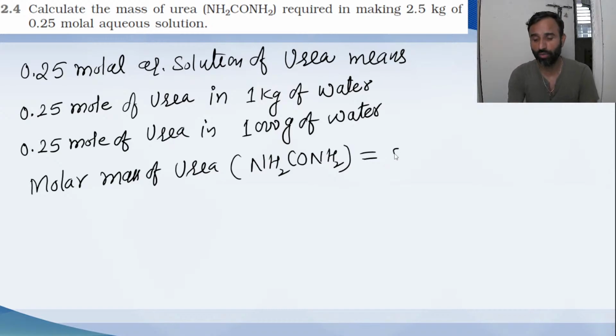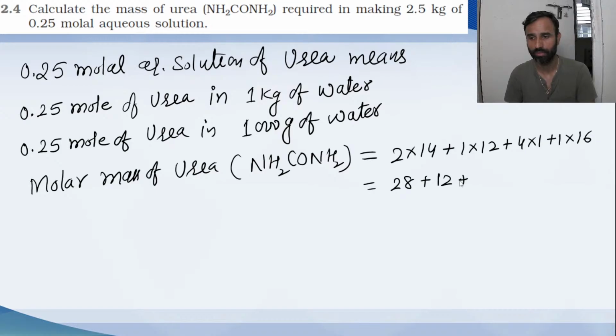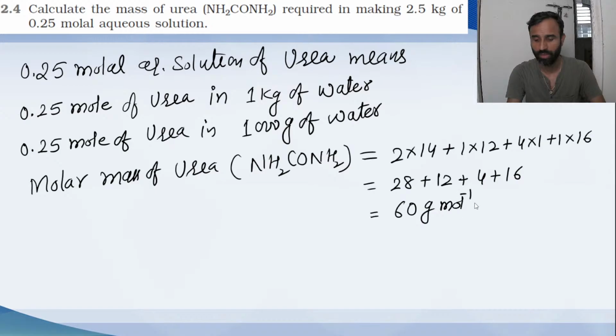So there are 2 nitrogen, 2 into 14, 1 carbon, 4 hydrogens and 1 oxygen. 28 plus 12, 4 plus 16. So it is 60 gram per mole.